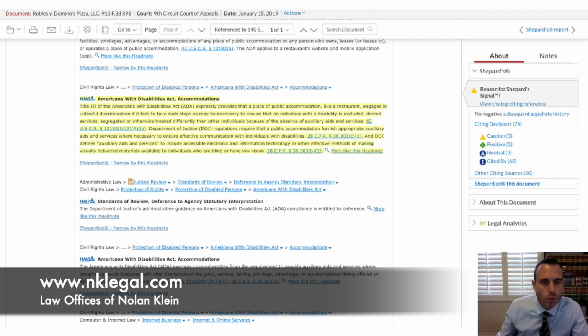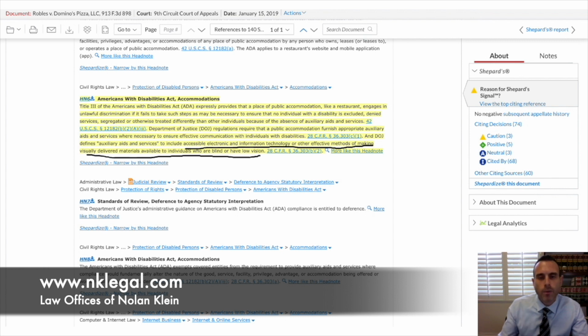DOJ regulations require that a public accommodation furnish appropriate auxiliary aids and services where necessary to ensure effective communication with individuals with disabilities. And DOJ defines auxiliary aids and services to include accessible electronic and information technology or other effective methods of making visually delivered materials available to individuals who are blind or have low vision.